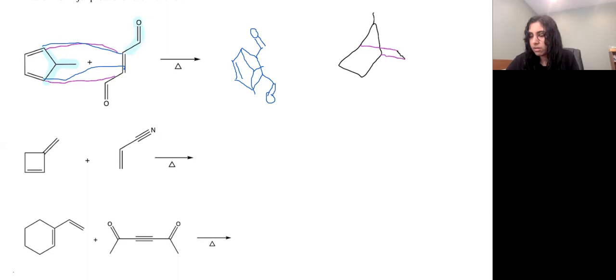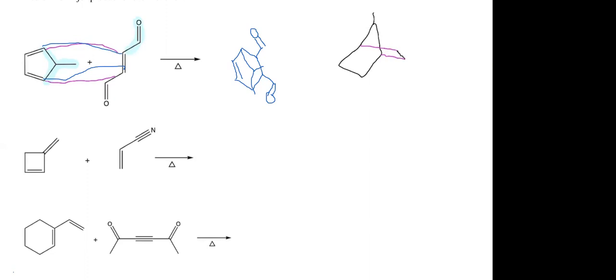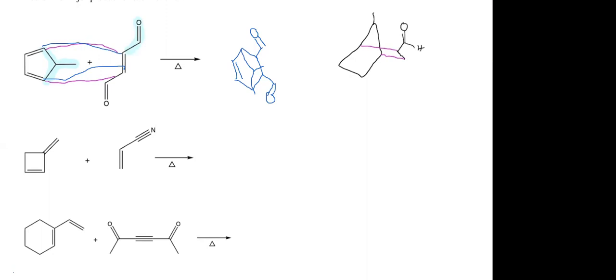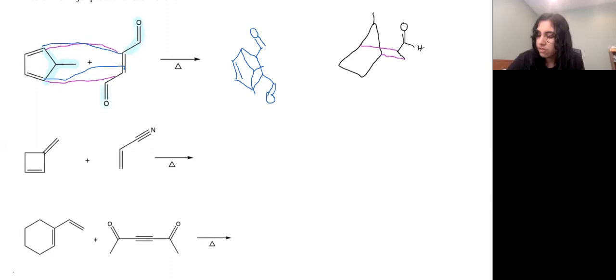So it's going to be facing up in the final product, wedged. Just like that. And then the bottom one is facing left, closer to the diene. Since it's facing in that orientation, it's going to be pointing down in the final product.